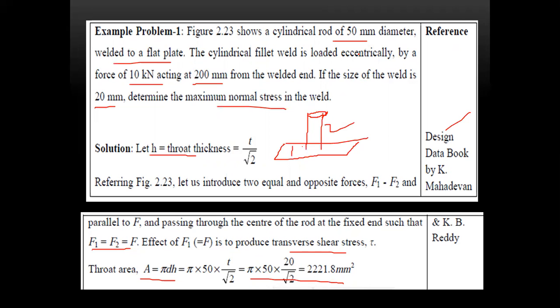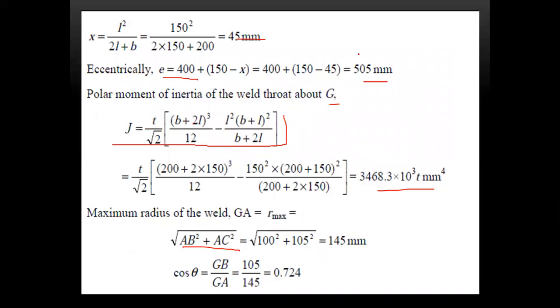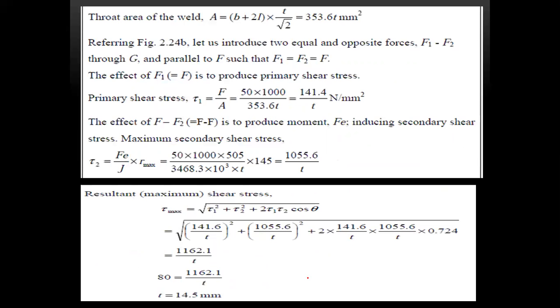On that figure we are getting 1.5. Therefore, cos theta is equal to GB by GA, that is GB is 105, GA is 145, that is 0.74. Now the throat area of the weld A is equal to P plus 2L into h, which is equal to this value.